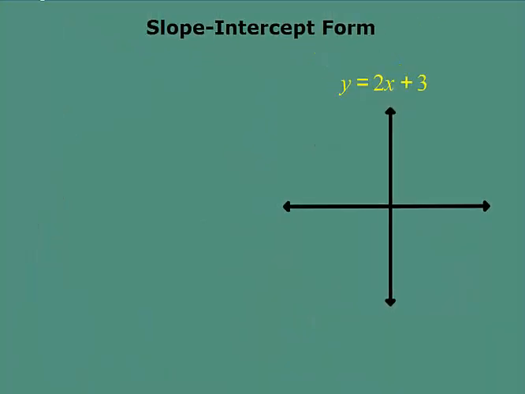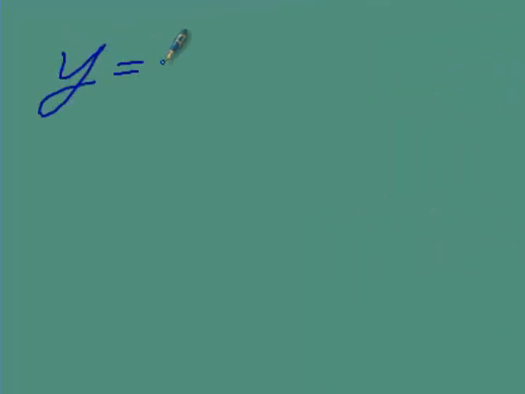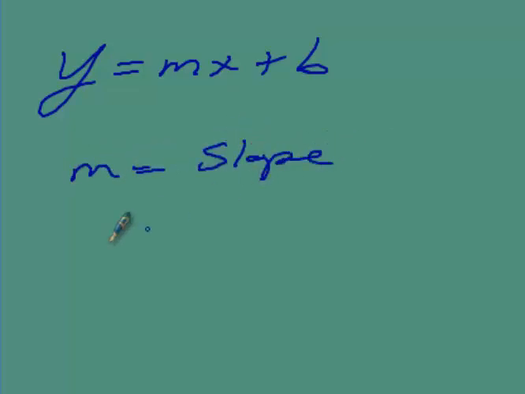So slope-intercept form, everybody remember slope-intercept form? What's your general slope-intercept form? y equals mx plus b. And again, what does the m stand for? Slope. And what does the b stand for? Y-intercept.